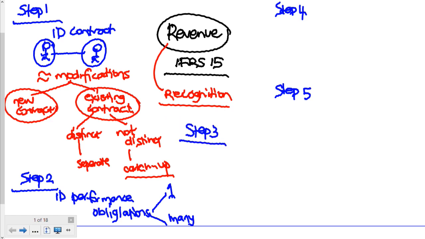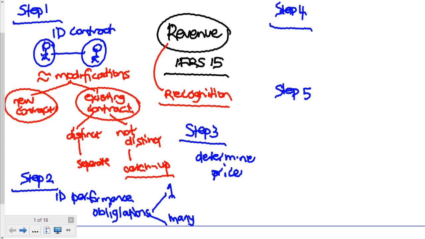And the price is usually in the contract. It needs to be something that's measurable, obviously, in terms of recognition in the framework. We determine a price, usually in that contract. And then step four is to allocate the price to the performance obligations.